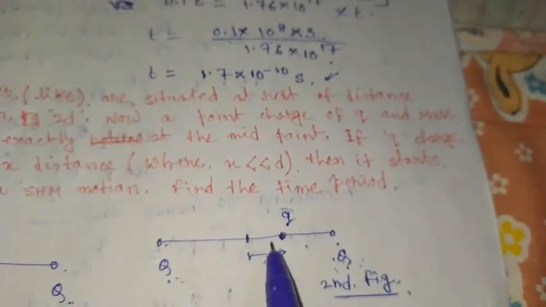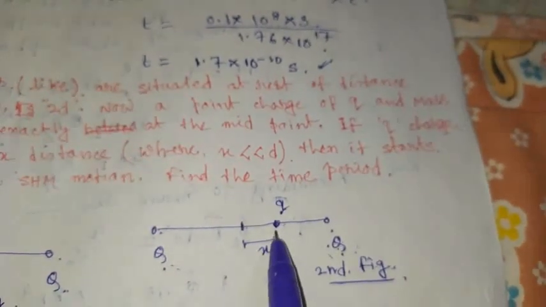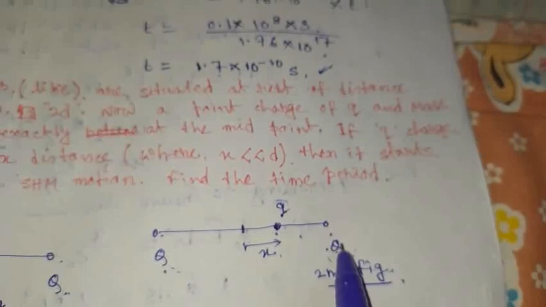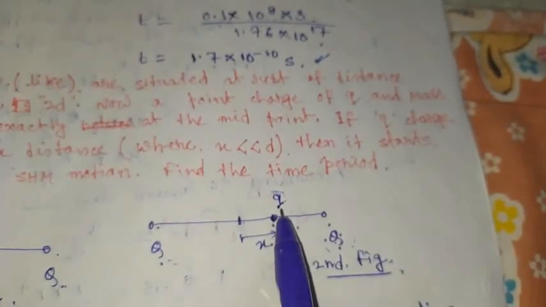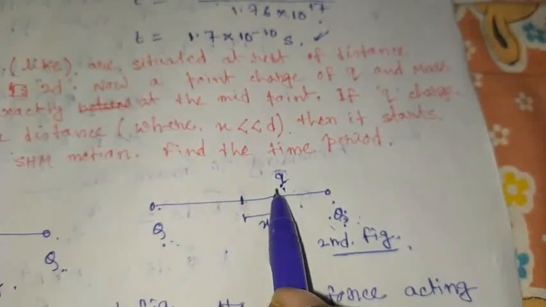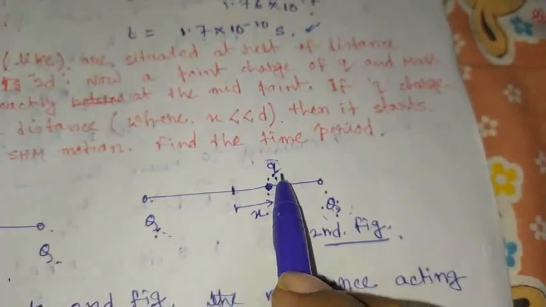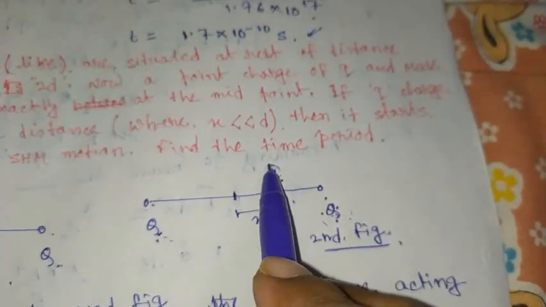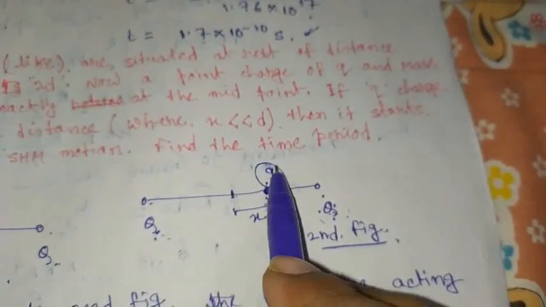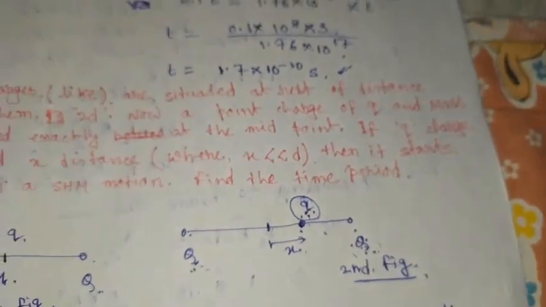So when q moves a distance x towards this charge, it will repel it, and the other Q also repels this q, so the force on q due to these two Q's we can write here.